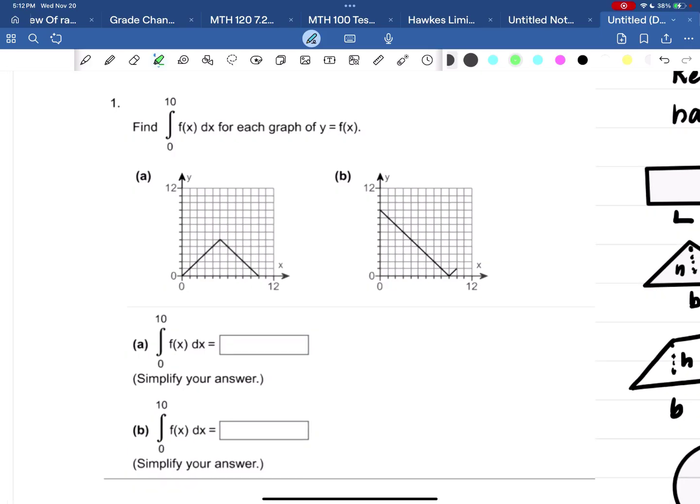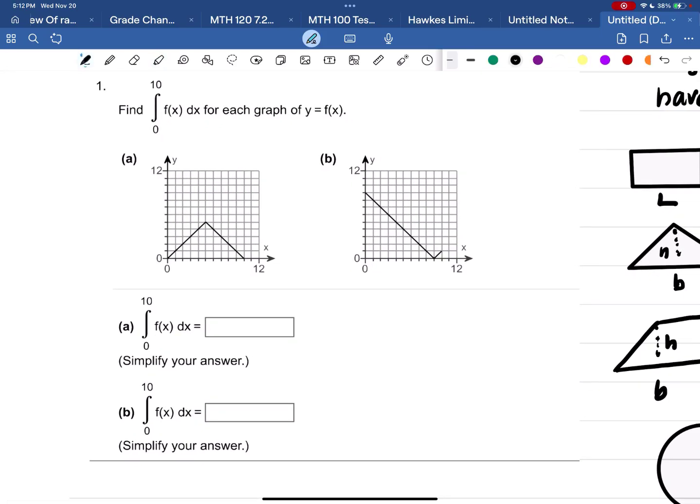Okay, so let's look at this first one again. What we're trying to do is we're trying to find the area in here, okay? And so you'll see how they've set it up. They've set it up as from 0 to 10, because here's 10 right here.